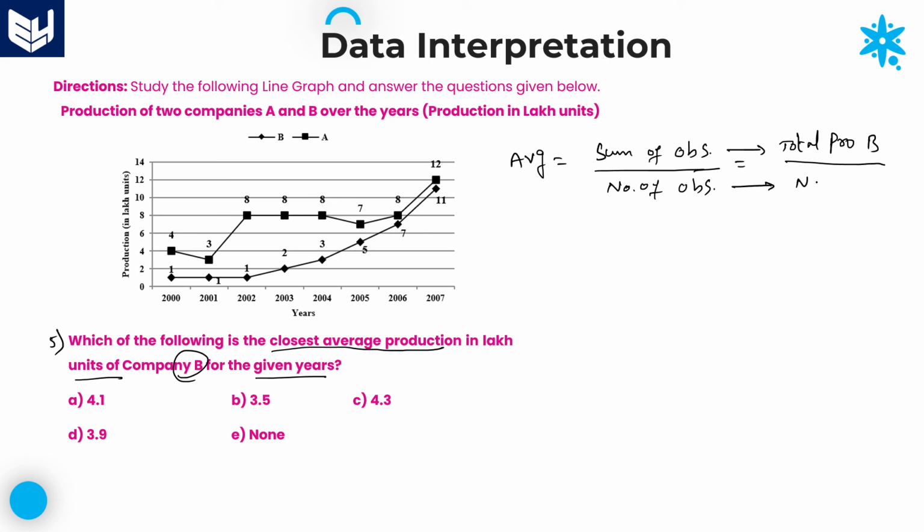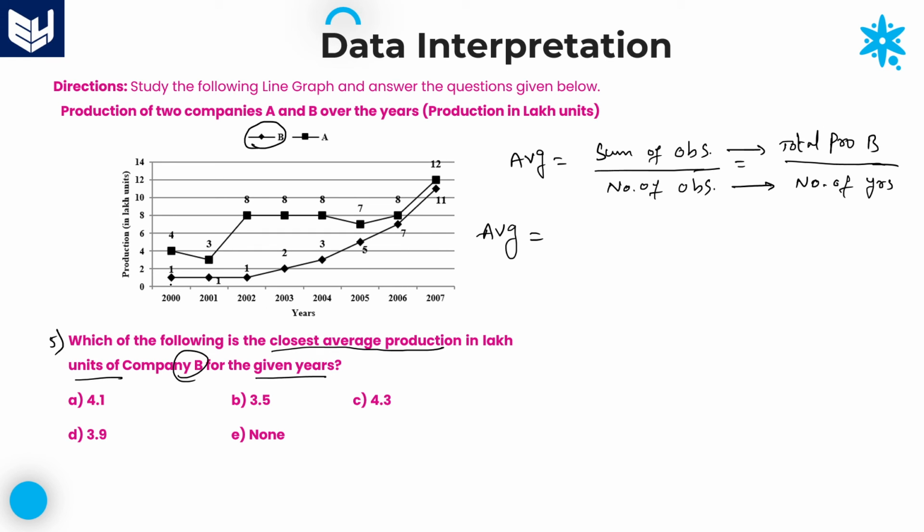Now, first of all, the numerator value. Company B is the rhombus shape and you need to take all 8 years.